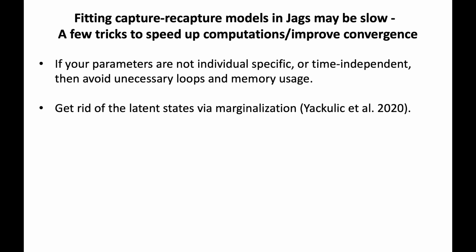And by doing that, you get rid of a lot of dimensions in the model, a lot of parameters not to be estimated, the Z, the latent states, and it makes your life much easier when it comes to fitting models in a reasonable amount of time. So it's really in the case where you don't need the latent states.